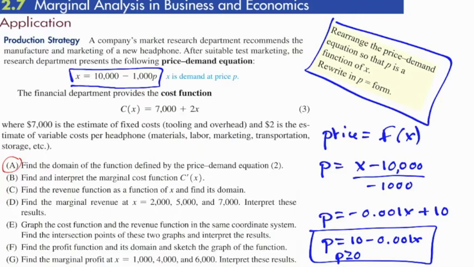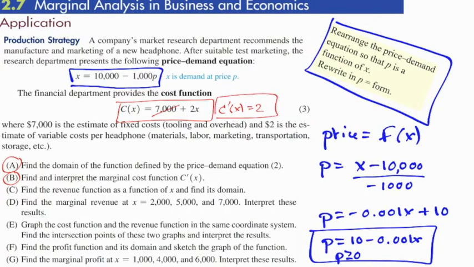Part B says to interpret the marginal cost function. So we have our C of x. C prime of x is going to be equal to the derivative of C of x. C prime of x is the derivative of C of x, and the derivative of a constant is 0. The derivative of 2x is 2.